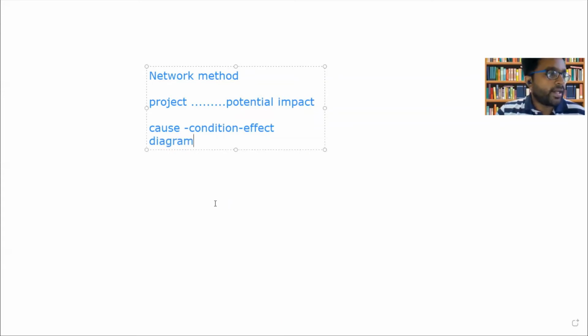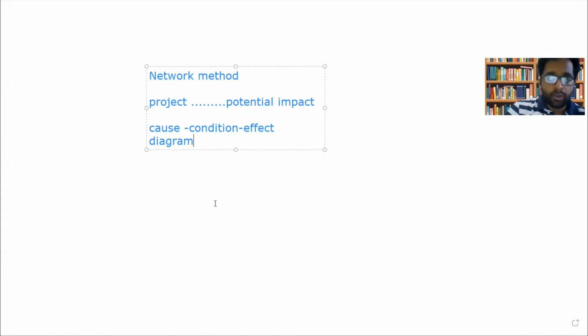So what is being done is, the impacts are identified and these impacts will be presented. These network diagrams act as a guide for identification of impacts and how their results can be presented. So this is about the network method.